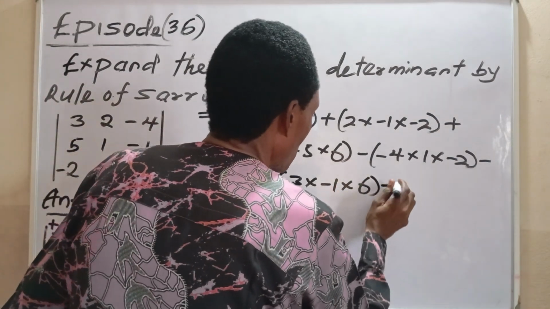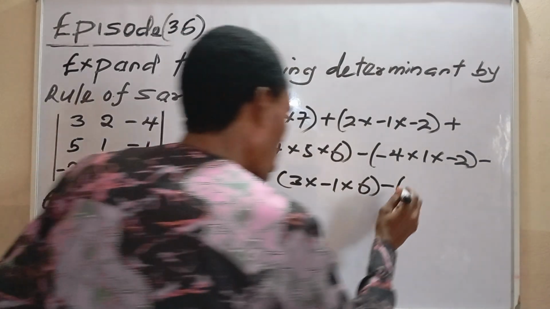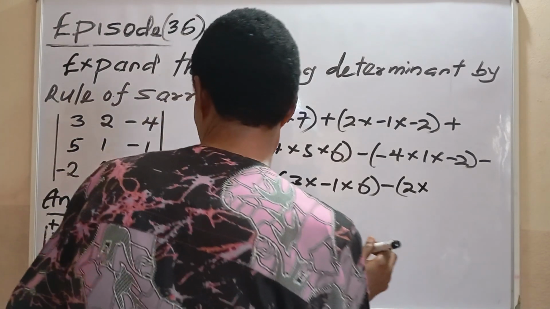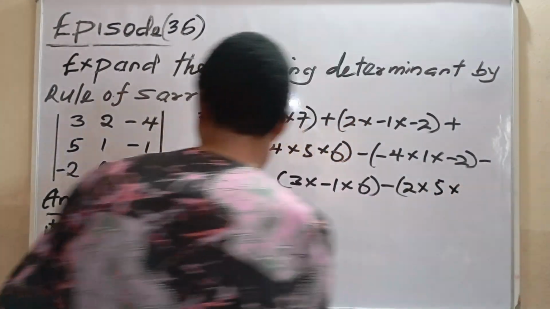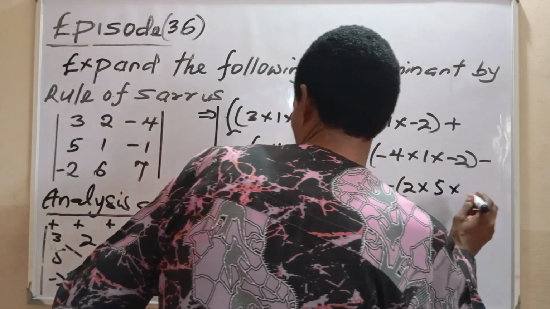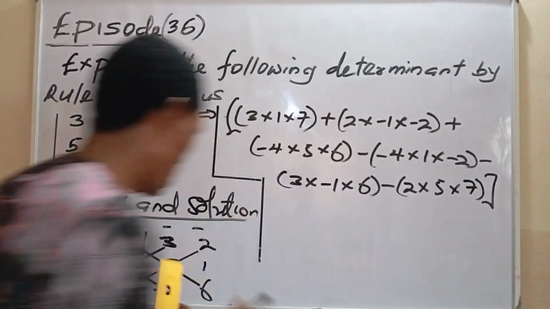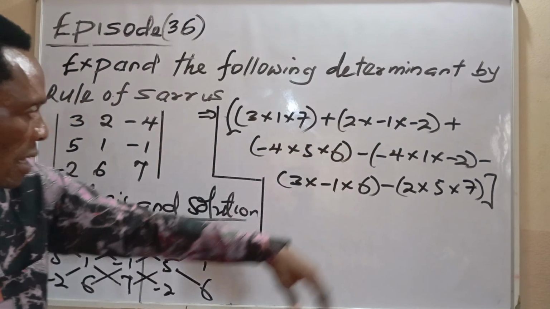Then plus, minus, open bracket. So this one is 2 times 5 and 5 times 7. Then you perform it.